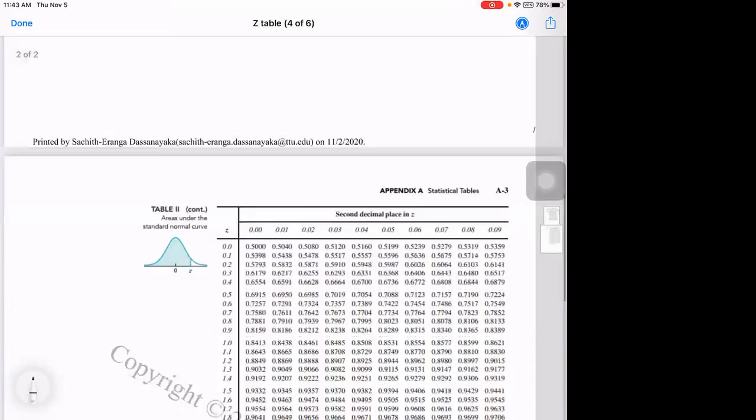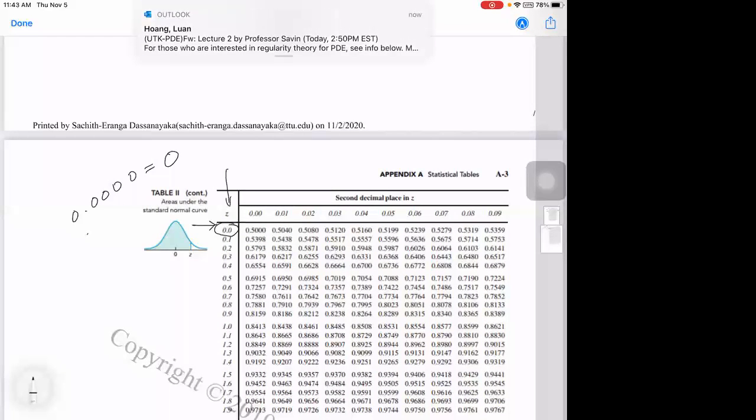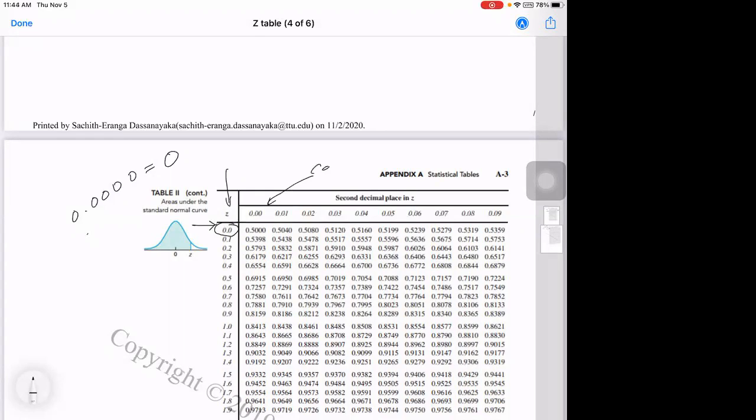So if you use the second table, you can find the Z value 0 here. See, it is just 0. First locate the digits before the decimal place, which you can find in this Z column. The digits after the decimal place you can find from these columns.